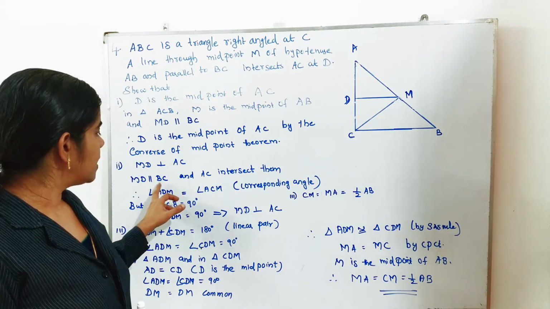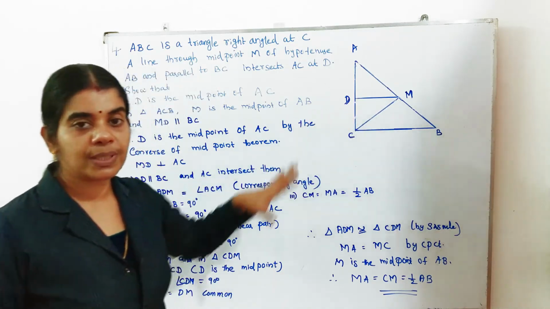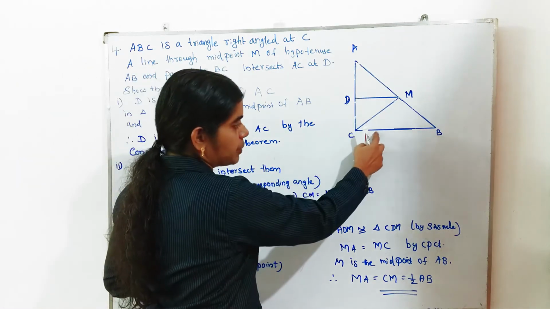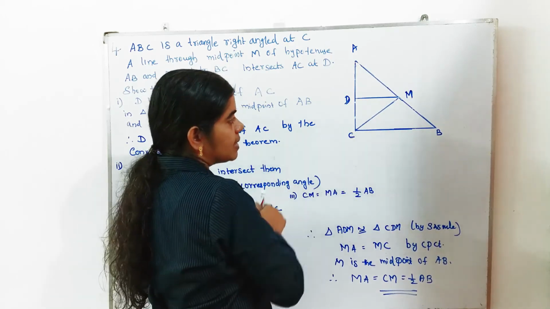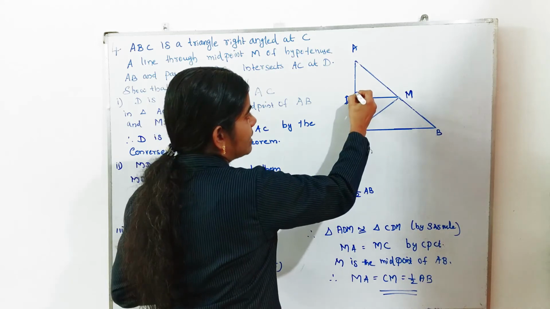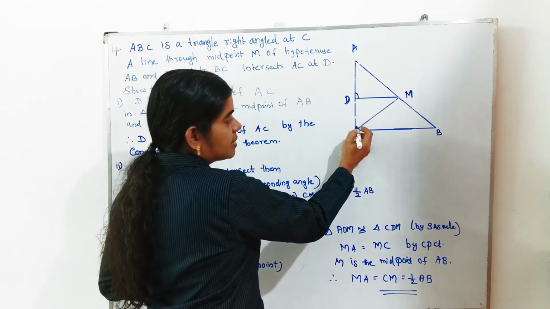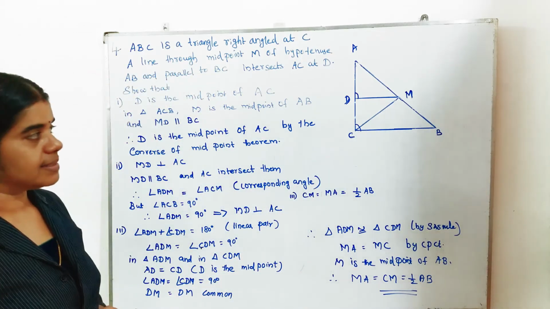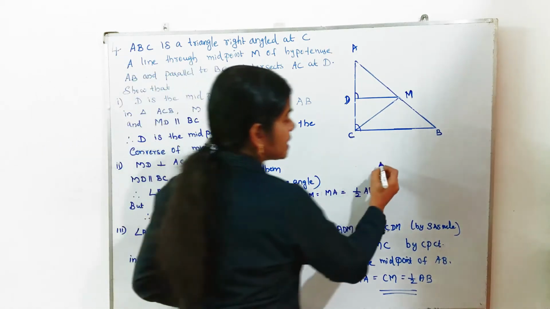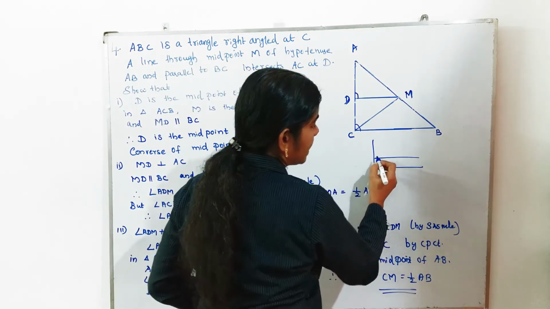For this, MD is parallel to BC and AC is a transversal. Then these two angles, angle ADM and angle ACB, will be corresponding angles, because these are parallel lines cut by a transversal.